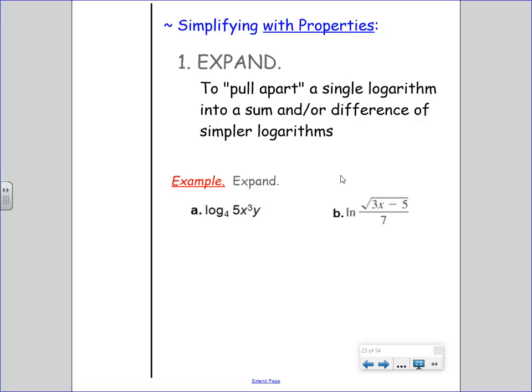And either you're tearing it down, you're expanding, you're breaking it apart, you're pulling it apart, or you're pushing it together, but you have to use the properties.